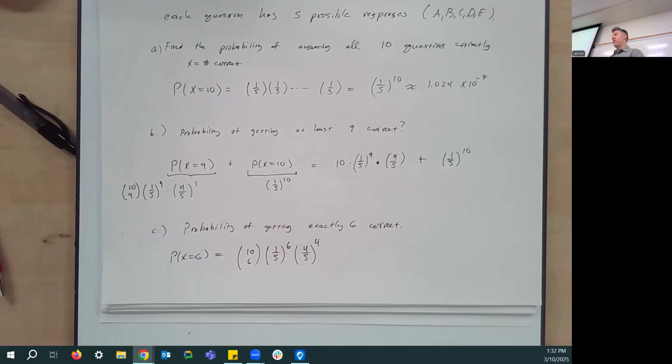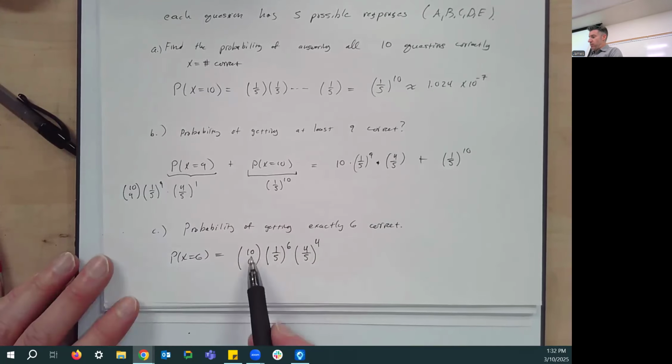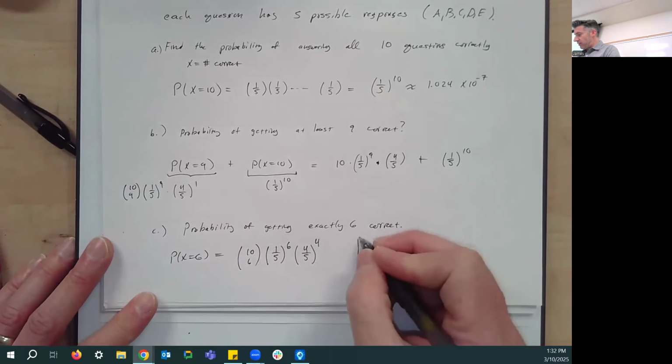I don't know if he has or if he will talk about a binomial distribution, but this is an example of that, where you have a probability of success and a probability of failure, and if you're trying to calculate the probability of X number of successes, this is how you do it. So let's write the formula here.